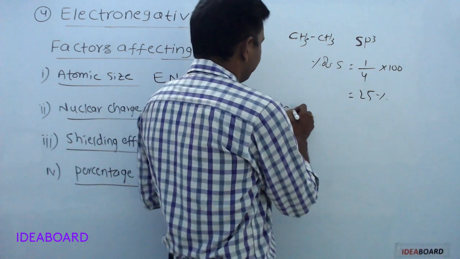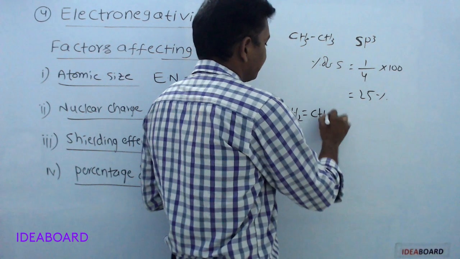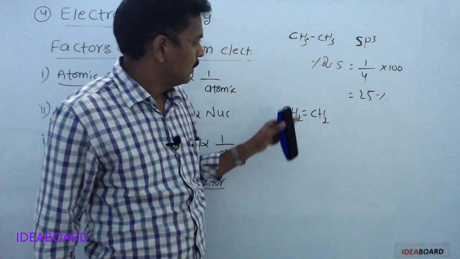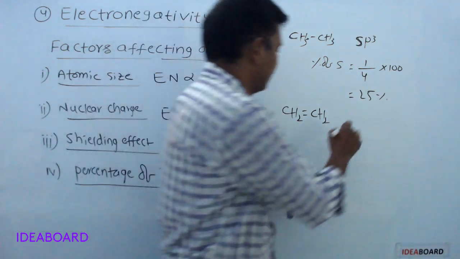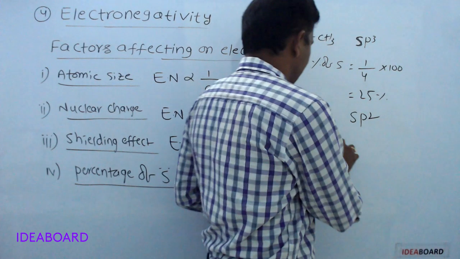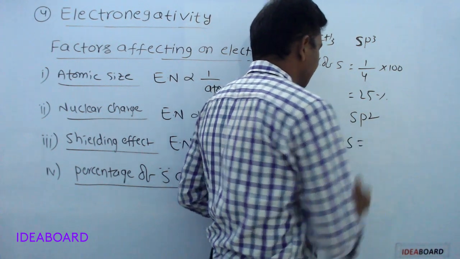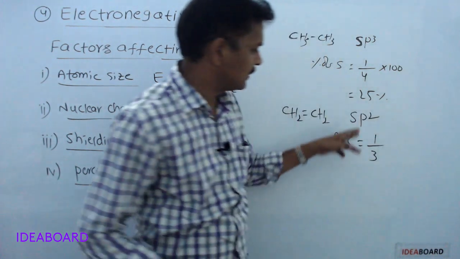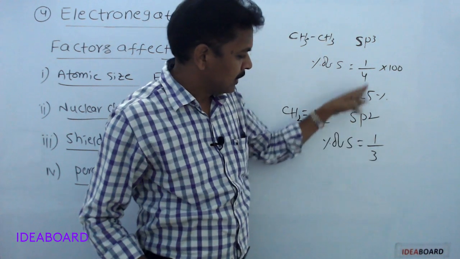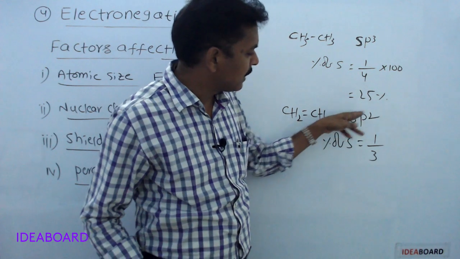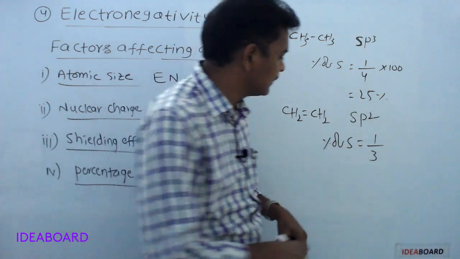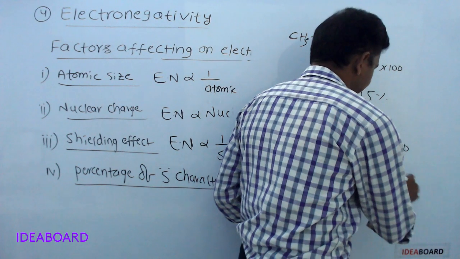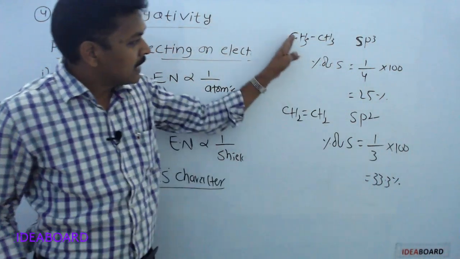If we take alkenes, I am taking ethylene, CH2=CH2. In alkenes, carbon atoms undergo sp2 hybridization. Percentage of s character is one s orbital divided by the total number of orbitals, that is one s and two p orbitals, total three, times 100, which is 33.3%.